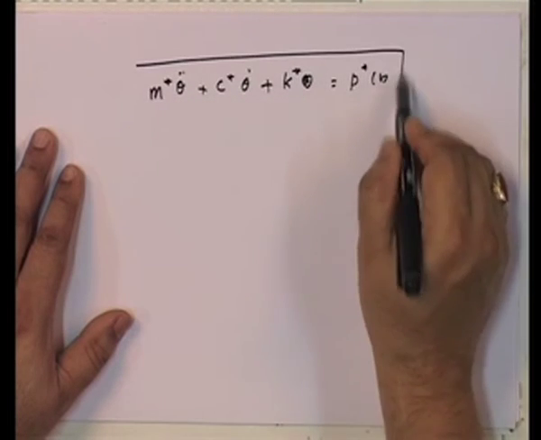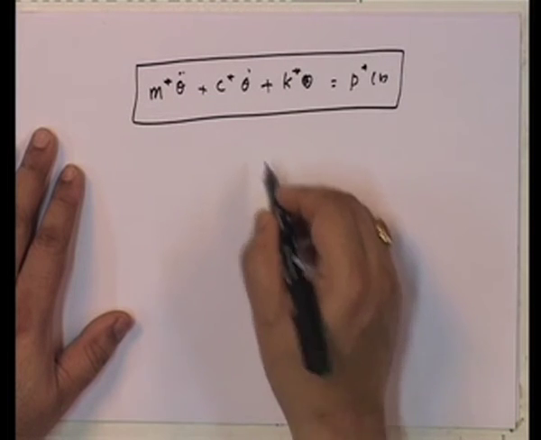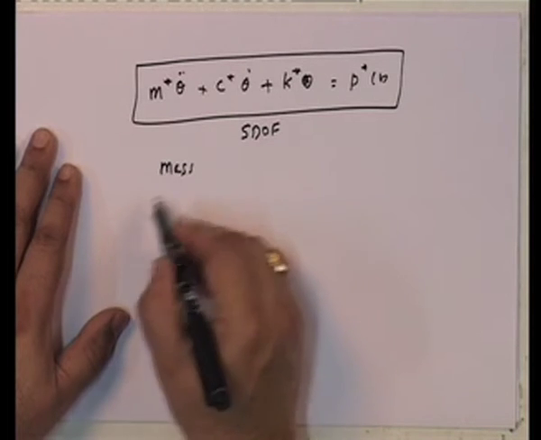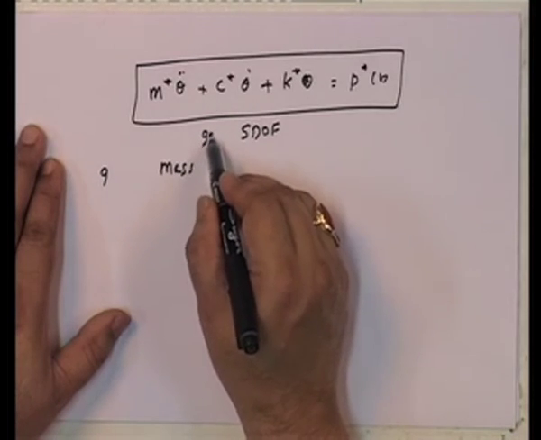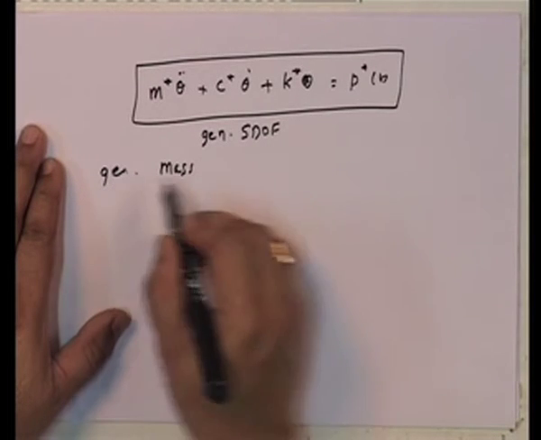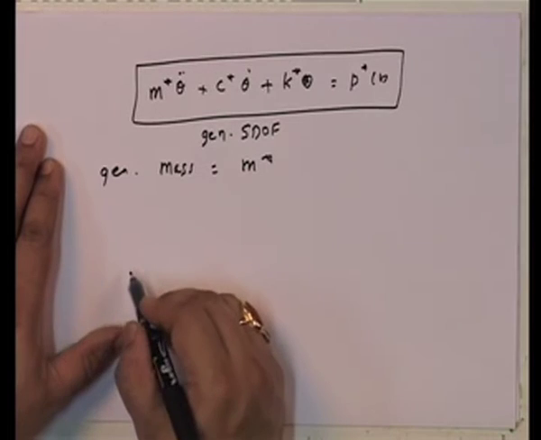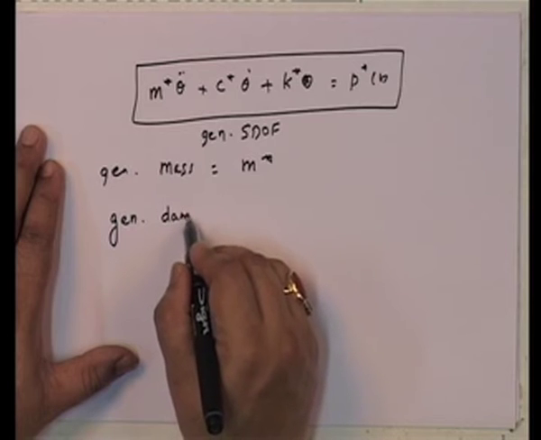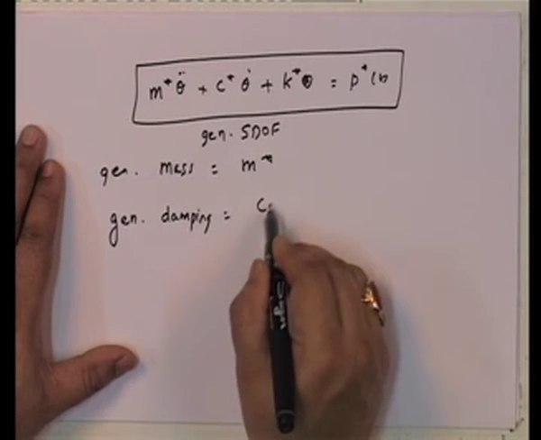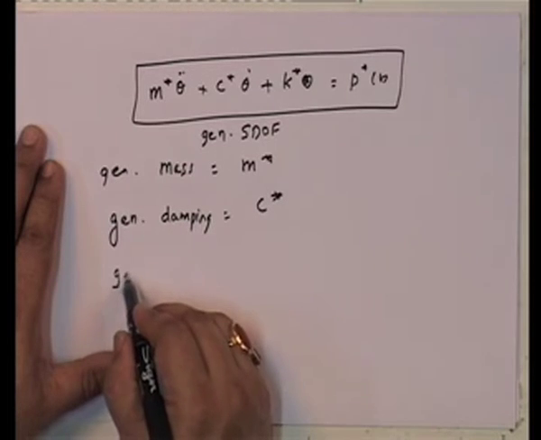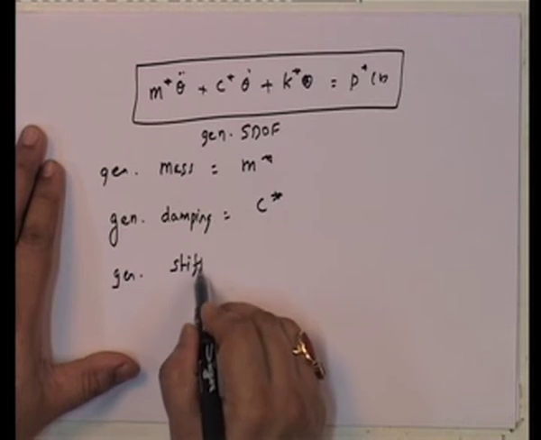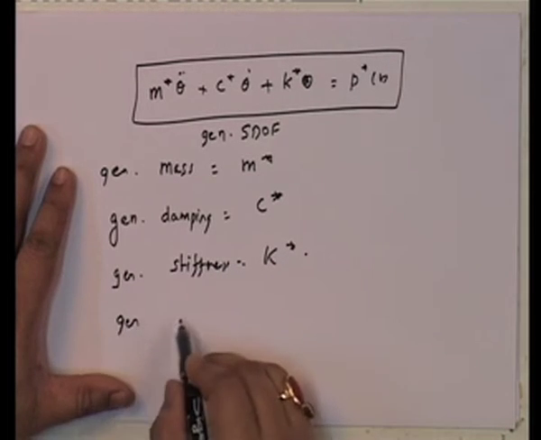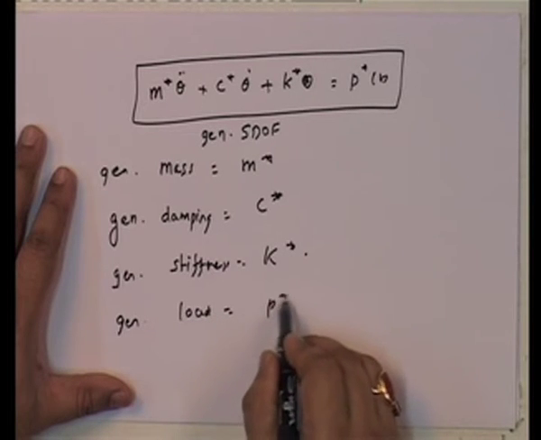Note that this looks like a single degree of freedom, and this I will call a generalized single degree of freedom. The generalized mass is equal to m star. The generalized damping is equal to c star. Generalized stiffness is equal to k star, and generalized load is equal to p star.